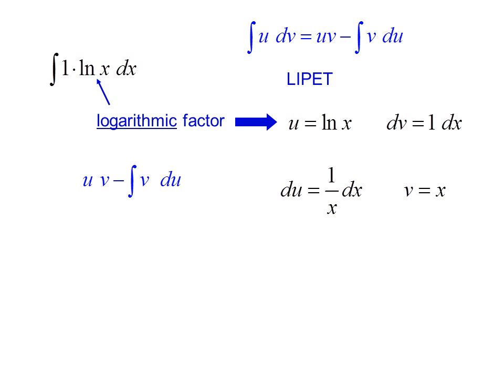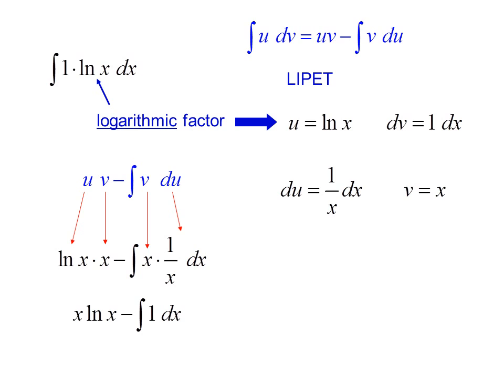Our formula is uv minus the integral of v du, which gives us ln x times x minus the integral of x times 1 over x dx. The x's cancel, so we have x ln x minus the integral of 1 dx, or x ln x minus x plus c.